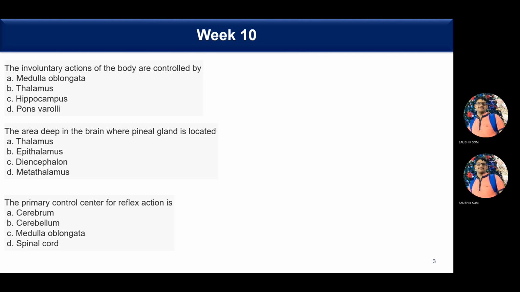The involuntary actions of the body are controlled by medulla oblongata, thalamus, hypothalamus, or pons varolii.